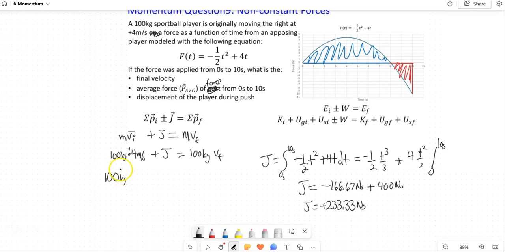So this is going to be 400 kilogram meters per second plus 233.33 Newton seconds, which is also kilogram meters per second, since we're going to convert this to a momentum, and it'll look better.